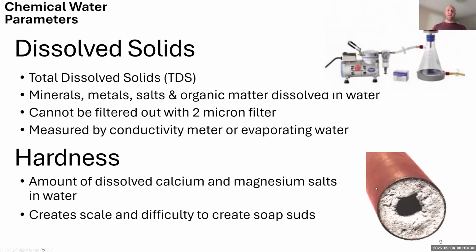It also means you need to use a lot of soap to take a shower or do your dishes. Hardness isn't necessarily bad for health, but a lot of places treat for hardness with water softeners because it's inconvenient to deal with.